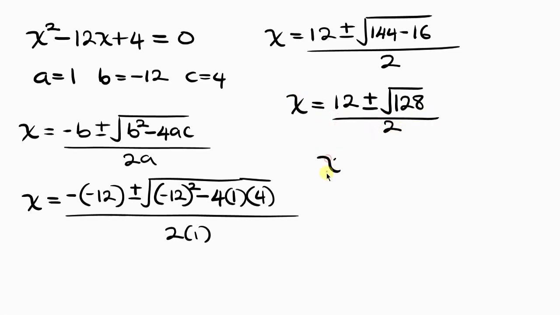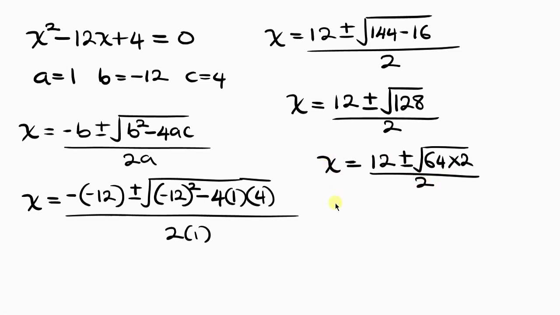So x becomes 12 plus or minus, well, the square root of 128 can be simplified by breaking it down, we need a perfect square and another factor of 128. So the perfect square we're using is 64 times 2, which gives 128 all over 2.